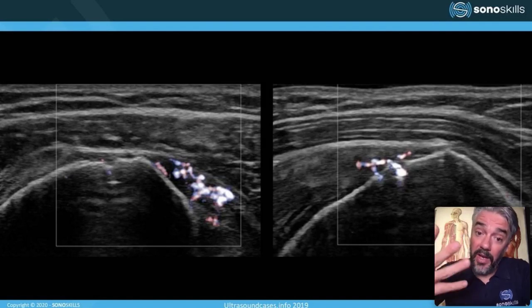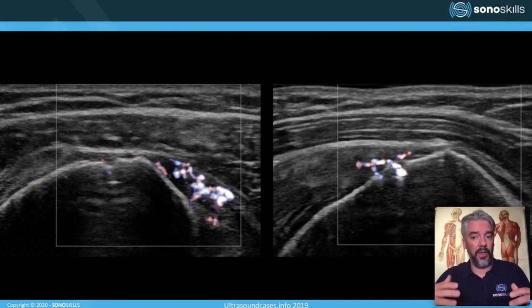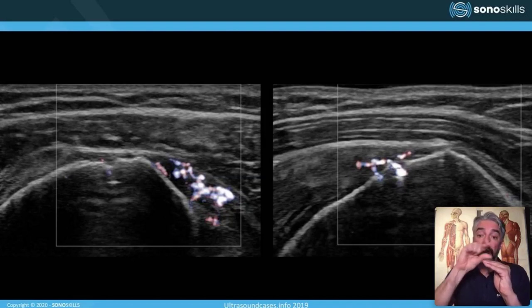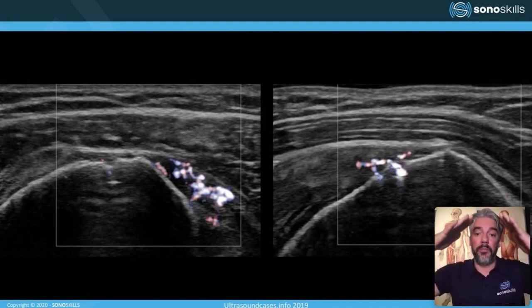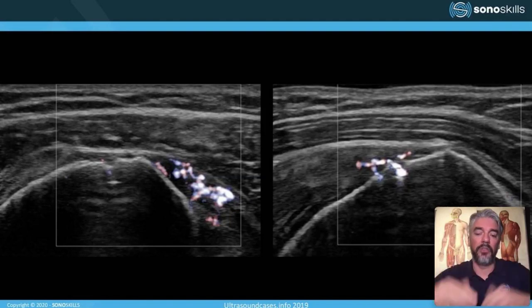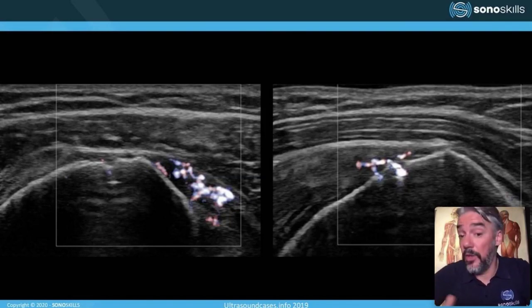And in time, a naked head sign might develop. A naked head sign means that on the humeral head there is no cuff anymore, and we can only see the bursa or the epimysium of the deltoid muscle on top of the humeral head. And in those cases, you can also see an increase of degeneration and change of the humeral head.